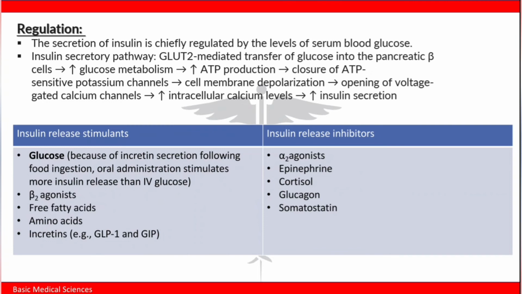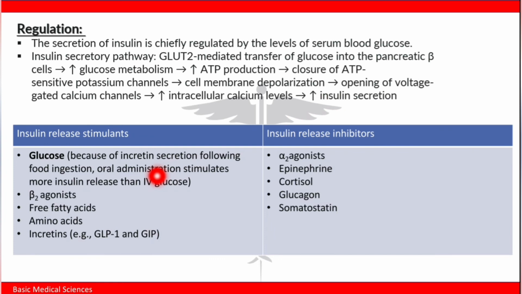So I showed you in the previous slide, the GLUT2 transporters will take up the glucose into the pancreatic beta cell, which will increase glucose metabolism, thus increasing ATP and closure of ATP sensitive potassium channels, and the cell membrane depolarization will open the voltage gated calcium channels, which will increase the intracellular calcium levels and increase insulin secretion, right?